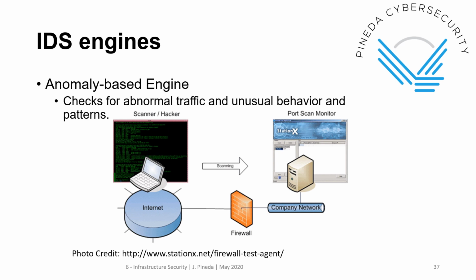The second engine would be the anomaly-based engine. It checks for abnormal traffic and unusual behavior and patterns.